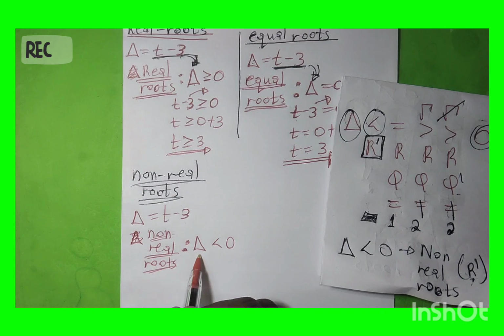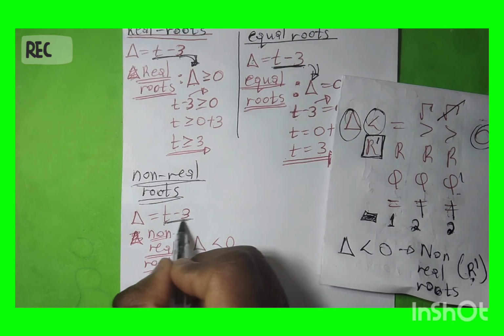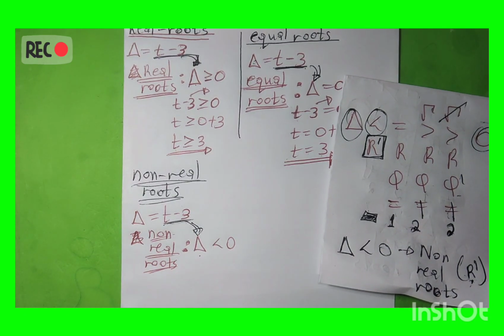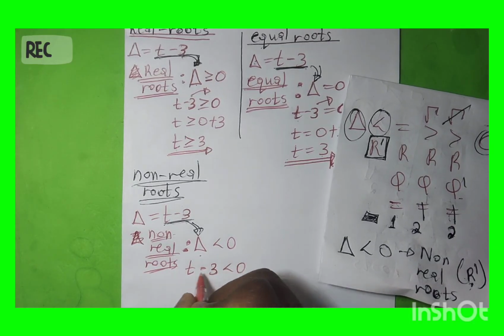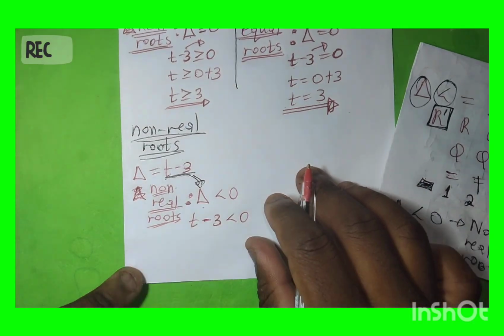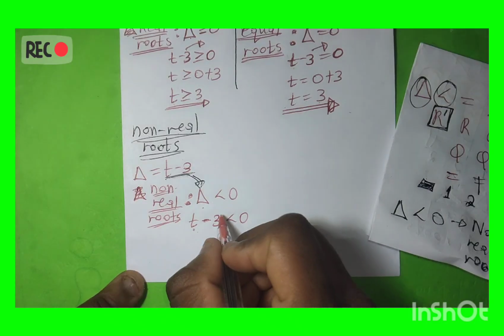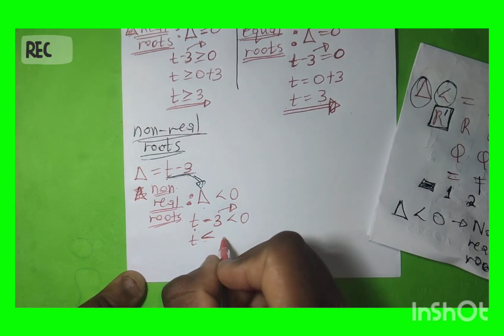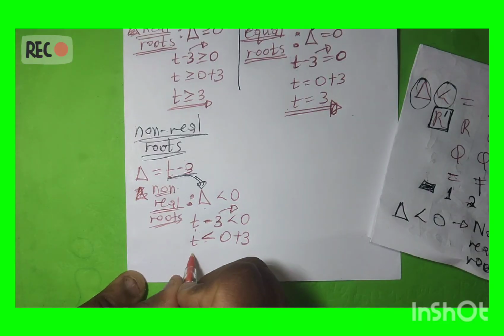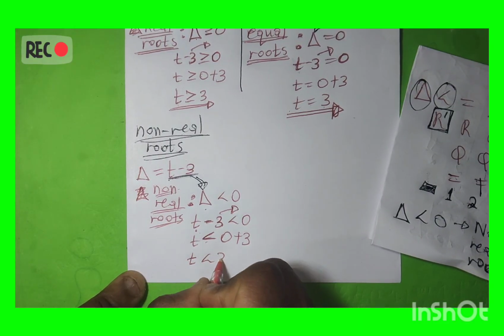So simply, where there is delta, I can substitute this thing like this there, which is that it's t minus 3 less than 0 there. And now what I will do there, I should solve for t. Taking that thing to that other side, it will become like this there. Meaning now that t there should be less than 3.